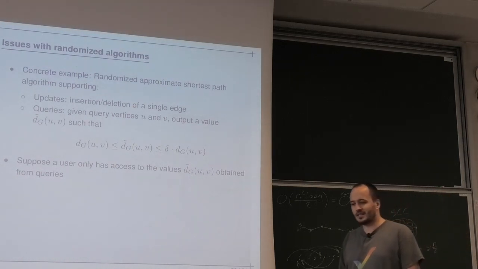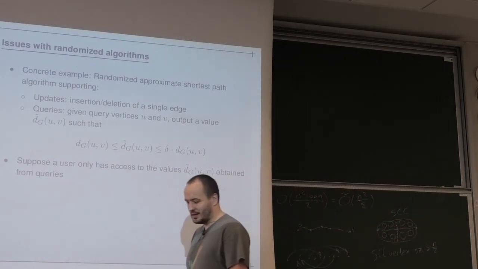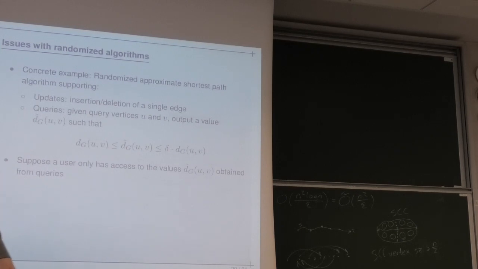But if the adversary is really clever, it could actually still learn something about the random bits. Do you see some way for the adversary to do that, even if we look at the exact setting?